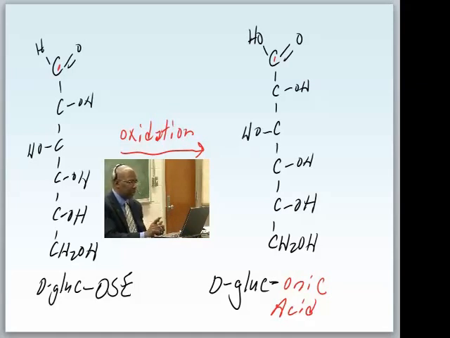We oxidize carbon 1. What would be the name of the new carbohydrate? Galactonic acid. Make sense? I don't know how to make that any simpler. Very good. Okay, let's do another one.